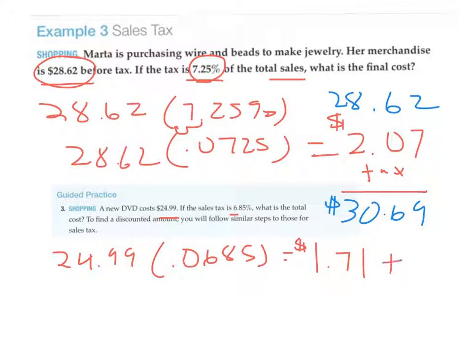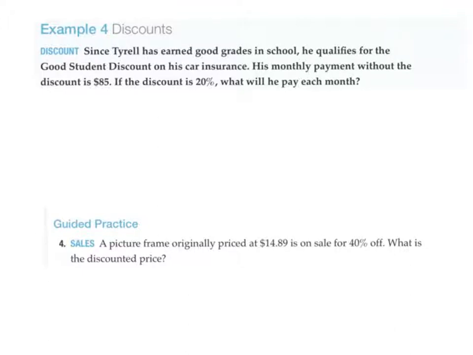This is my tax. So I'm going to add that on to my original price, $24.99. So 24.99 plus $1.71, and I get a $26.70 total price.